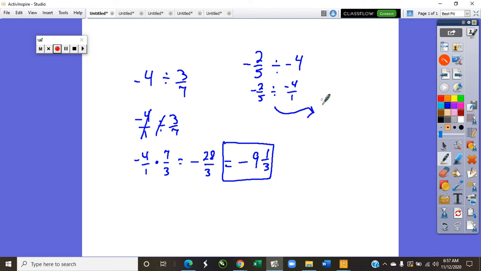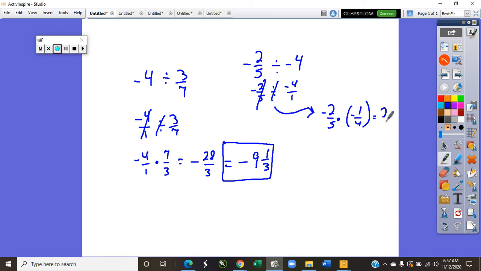Then I'm going to copy, dot, flip. So copy negative 2/5, dot. I'm going to flip negative 4 over 1 to what? Negative 1 over 4. And again, those parentheses are just separating because it's negative. No matter what, I know that my answer is going to be positive, because I have a negative times a negative.